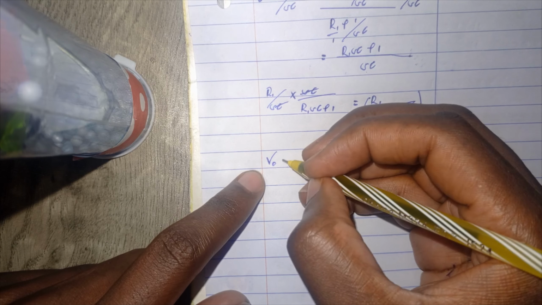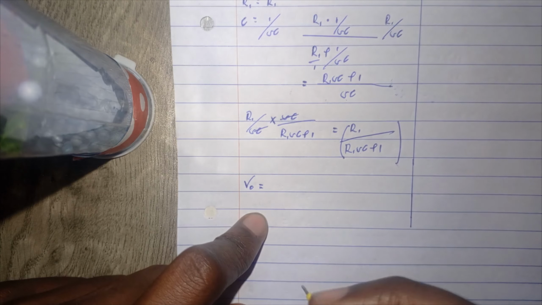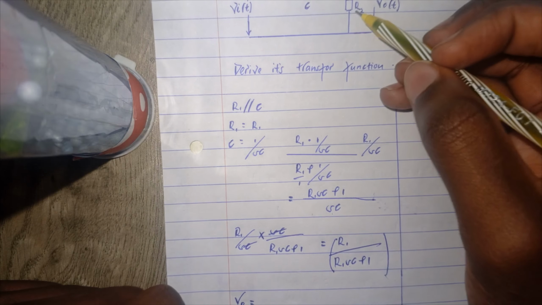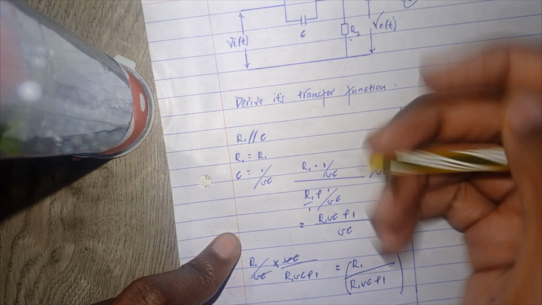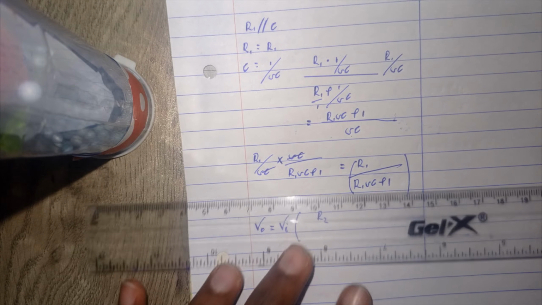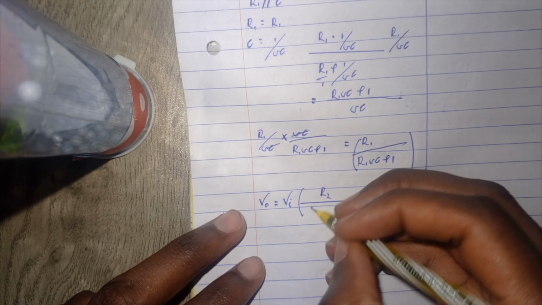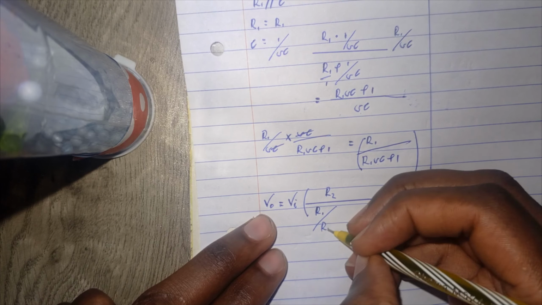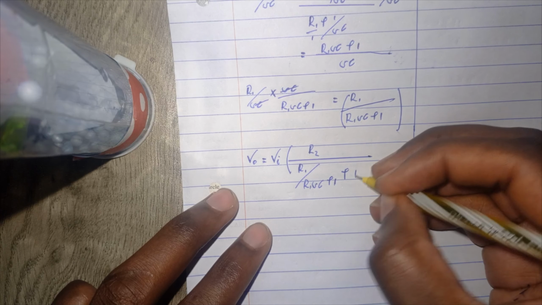We're going to see that Vo(s) is equal to Vi times R2, the one that is the output, on top, and then divided by the whole of this one, which is R1 over R1 SC plus 1, plus R2.